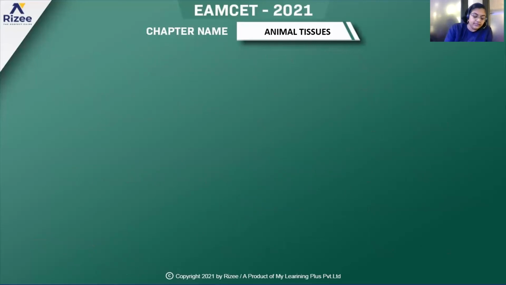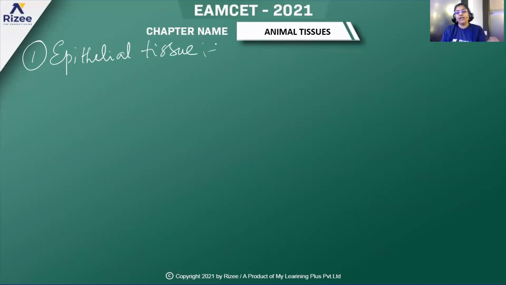Let's start with the first one, that is epithelial tissue. As I said already, epi means upon, and thelial means lining. Whichever organ is lined by this tissue will have its own specific function.